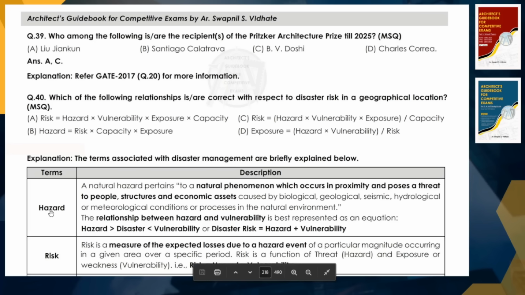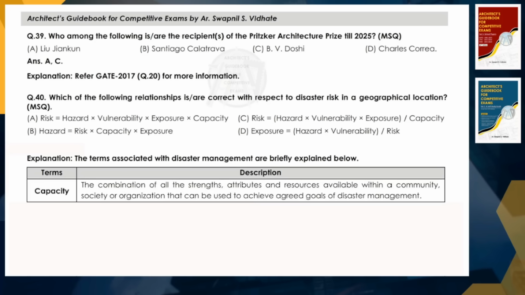In option A, as I explained previously, up to this part it is correct, risk equal to hazard into vulnerability, but risk cannot be the multiplier of capacity, right? So options A and B are straight away incorrect.